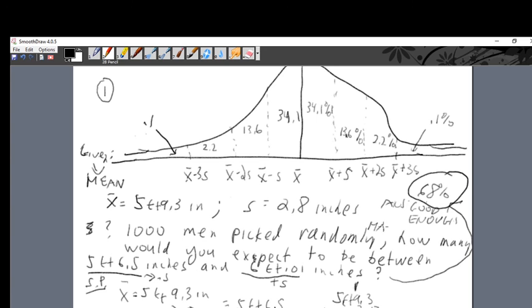And maybe they'll want 68.2% to be exact. Okay, so that is how to take care of this problem. If you take 68% times 1,000, that is 0.68 times 1,000, which is 680 men.